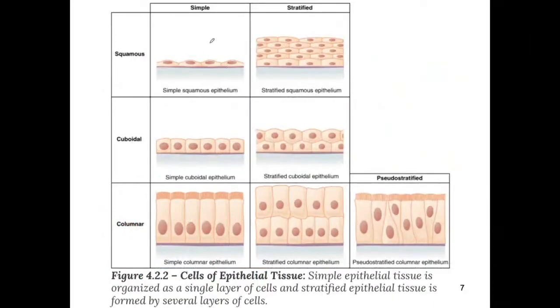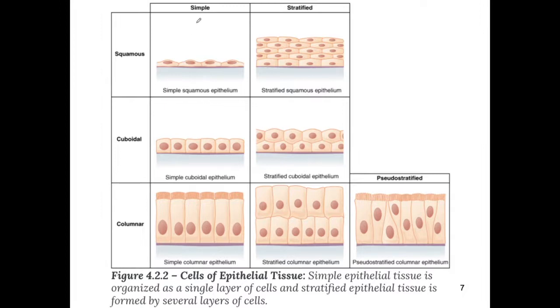So when we look here at this from the side view, we see that this is 1 cell layer thick, this is 1 cell layer thick, and these are 1 cell layer thick. But over here and to the right of that, these are multiple layers. This is more than one layer. This is two layers. And this also is two layers.